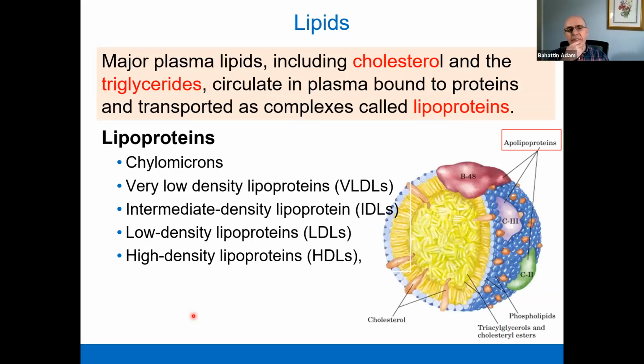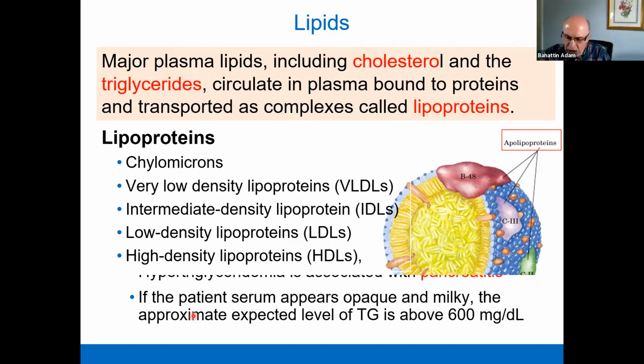Now, the major plasma lipids, cholesterol and triglycerides, circulate in plasma bound to proteins, transported as a complex known as lipoproteins. Why are they transported as lipoproteins? Because cholesterol and triglycerides are insoluble in blood. They are hydrophobic and not able to dissolve in the blood.